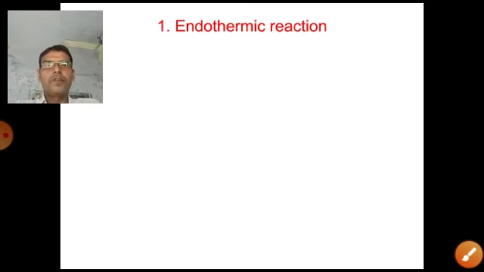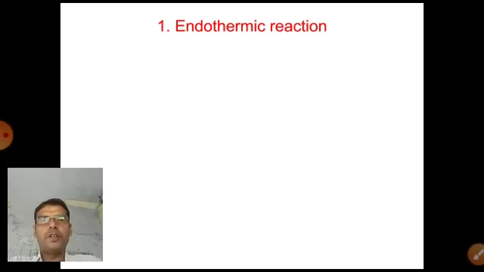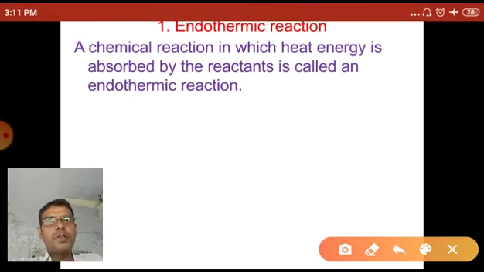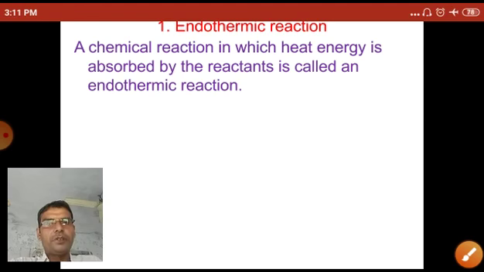First, endothermic reactions. What are endothermic reactions? During a reaction, when heat is absorbed by the reactants, that reaction is called an endothermic reaction. So the definition: a chemical reaction in which heat energy is absorbed by the reactants is called an endothermic reaction. Let's see the examples.